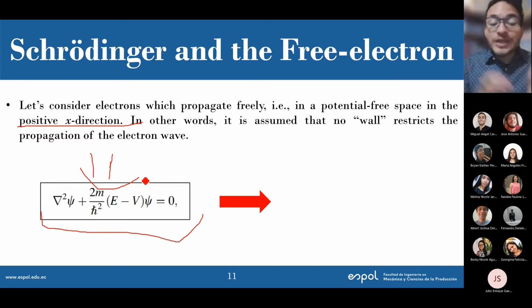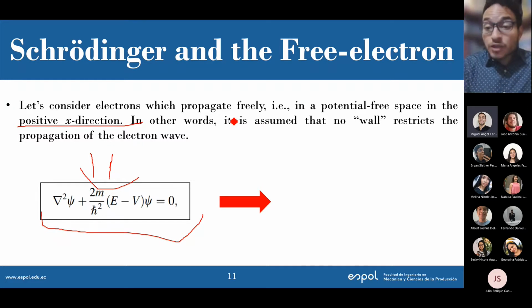So if I were to change or adapt this equation, the time-independent Schrodinger equation, what's the shape this equation is going to take with this condition, that the electron is free, that the electron is moving with no barriers? Maybe V equals 0. Perfect.